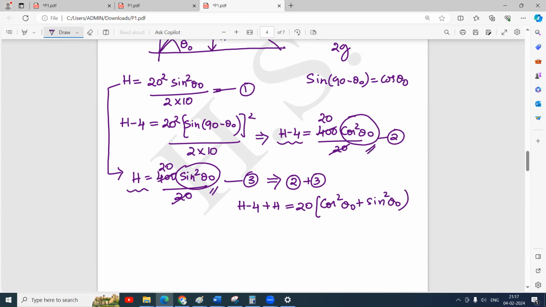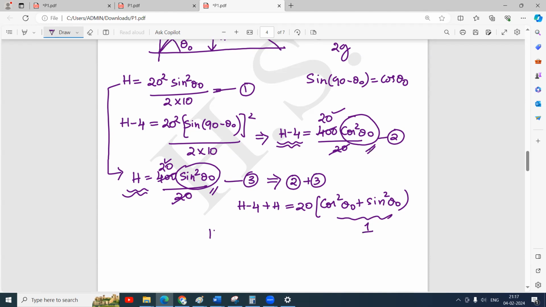I have taken 20 outside because I am not dividing, I am adding. So h minus 4 plus h on the left hand side is equal to 20 cos squared theta naught plus 20 sine squared theta naught, 20 common. So this is 1. You know that this answer is 1.